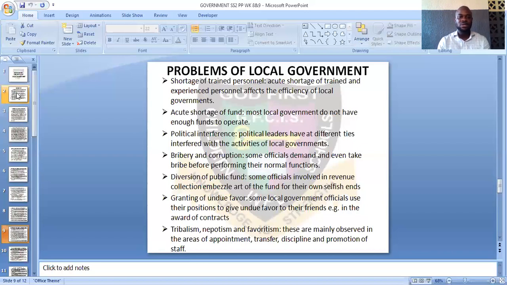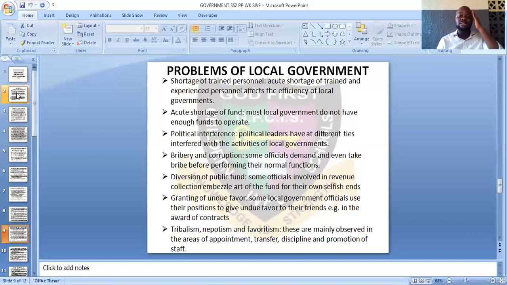Number five now, diversion of public funds. Some political officials involved in revenue collection embezzle part of the funds for their own selfish ends. You can imagine if we did the research to know how much each local government collects from the federal government every month, and likewise from the state.